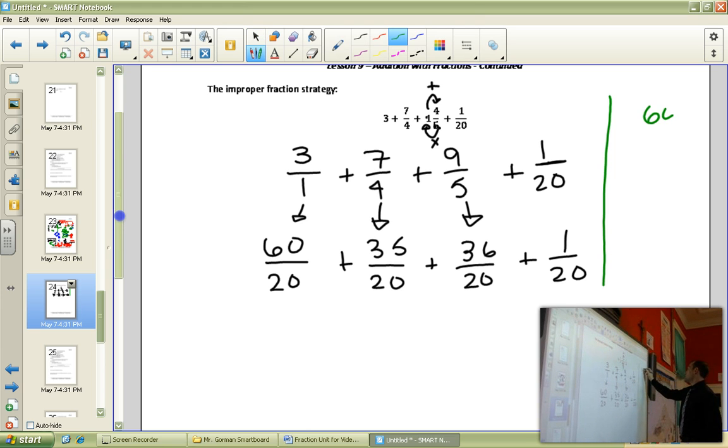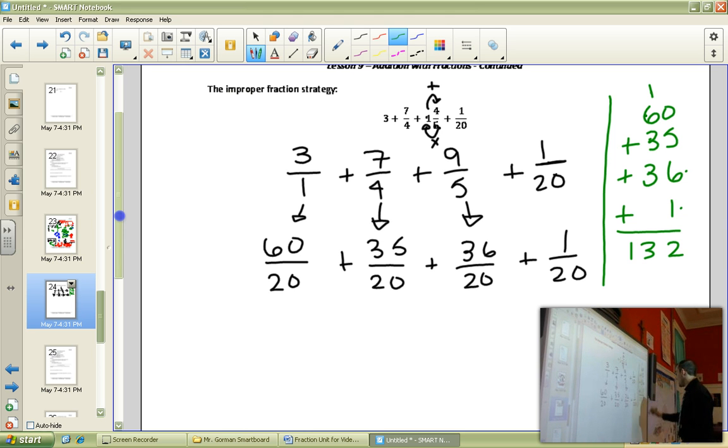I'm going to say 60 plus 35 plus 36 plus 1. 0 plus 5 is 5, plus 6 is 11, plus 1 is 12. Carry my 1 up top. 1 plus 6 is 7, plus 3 is 10, plus 3 is 13. I have 132. What did I keep saying to do? Keep your denominator. Okay? There it is, straight across. 20.